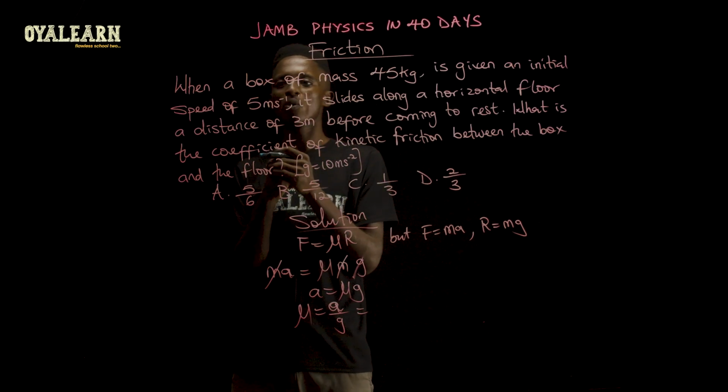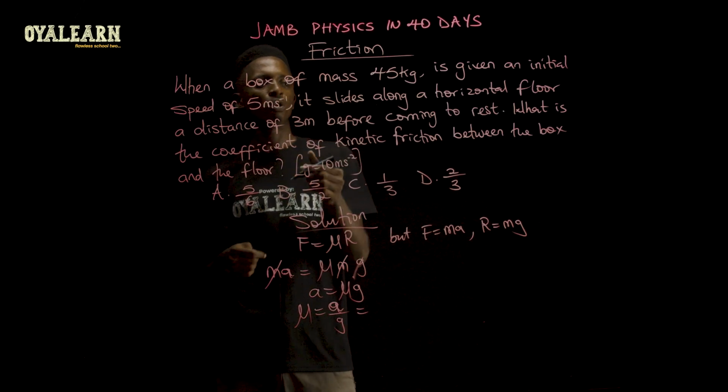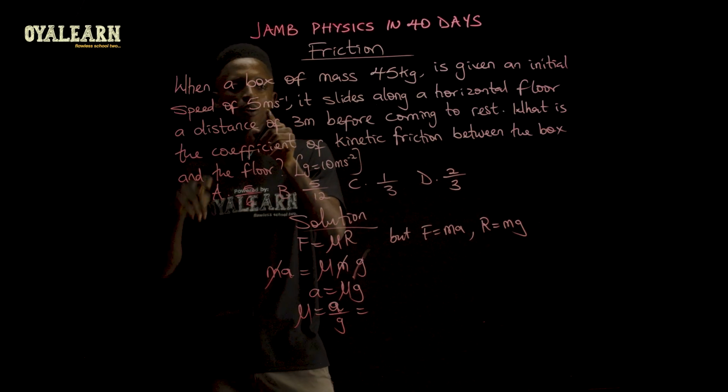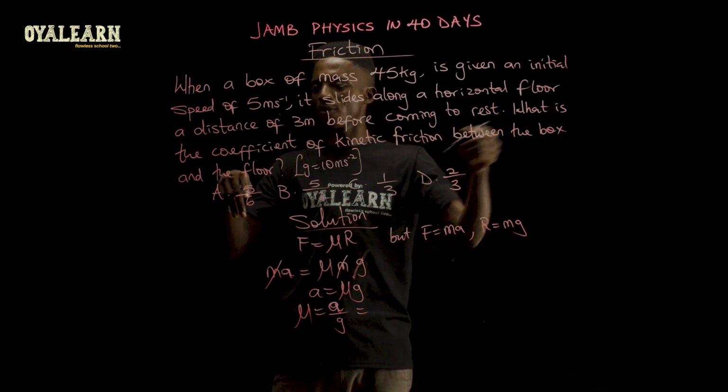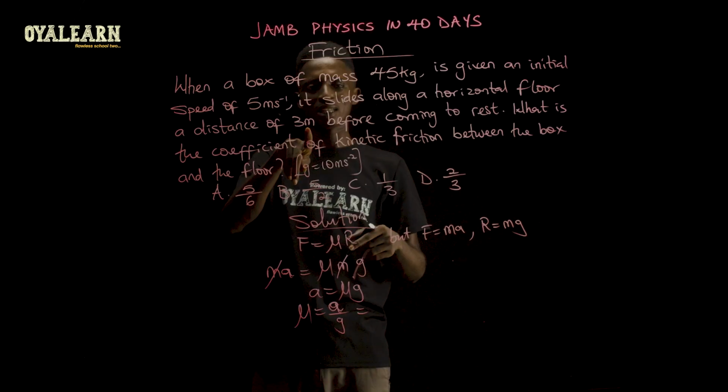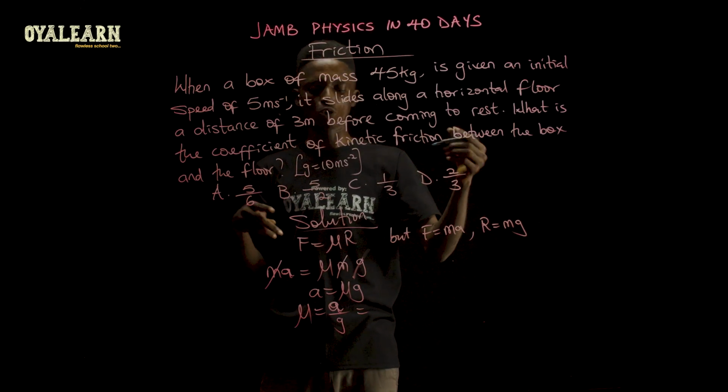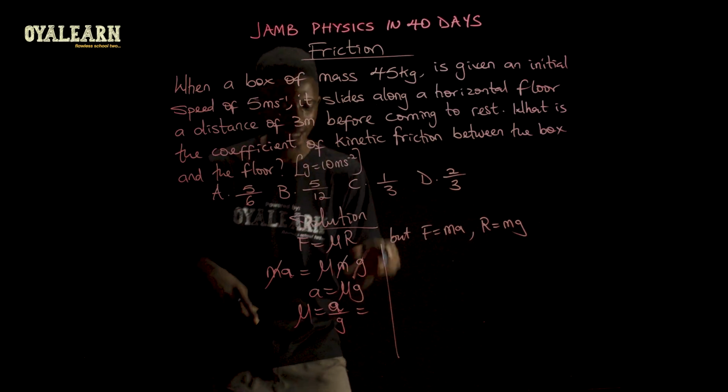Now considering the question that we have here, we know that the box is given an initial speed of 5 meters per second and it slides along a horizontal floor a distance of 3 meters before coming to rest. So now let's apply that here.